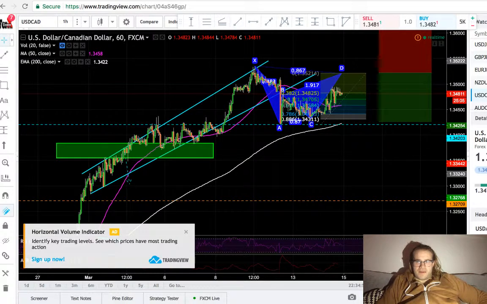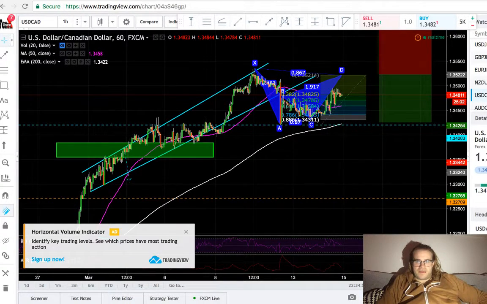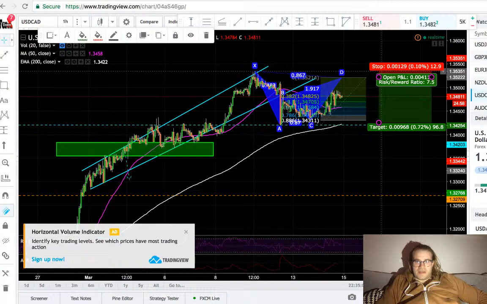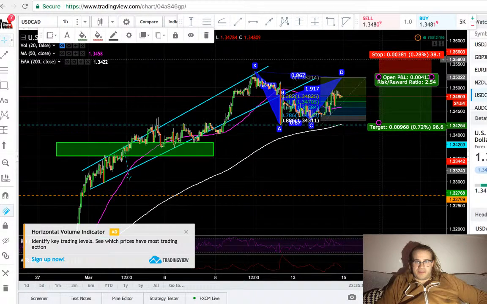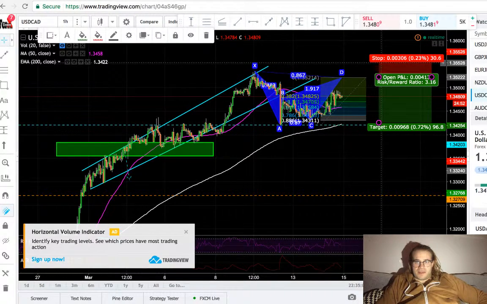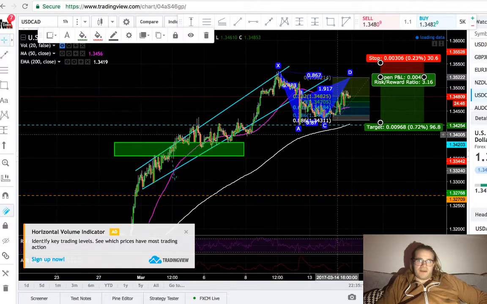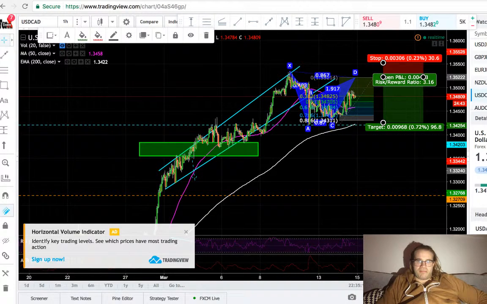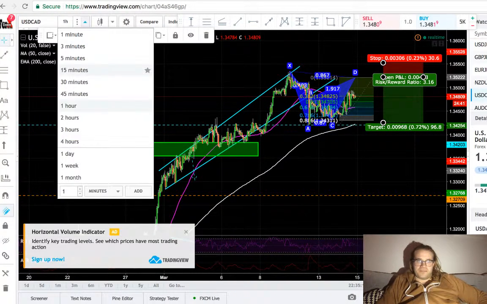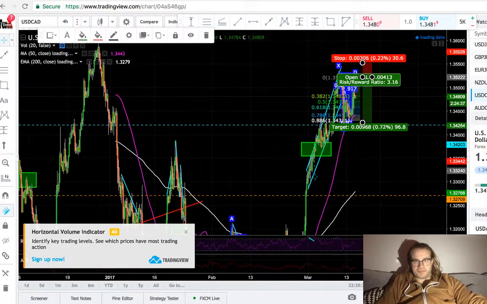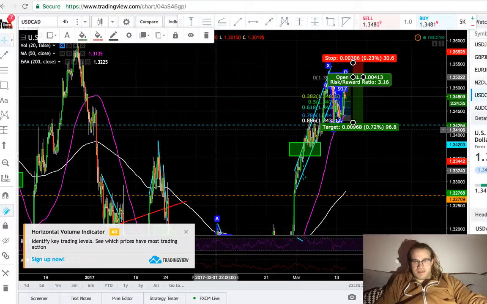The ATR is 15, so not much of a risk. It's 20. Let's say 30 pips here. It's not much at all. We could shoot for the extended targets. Let's see how this looks.